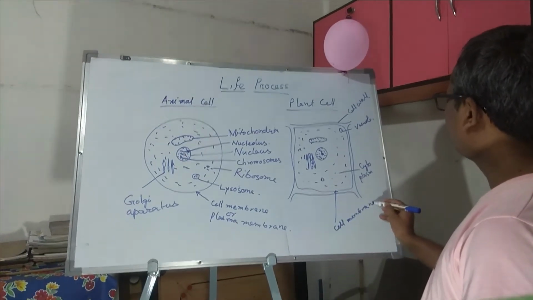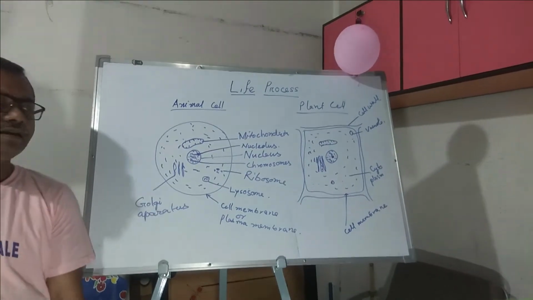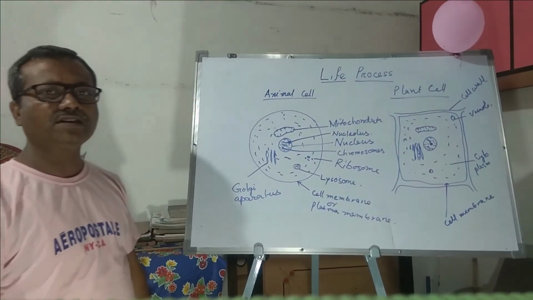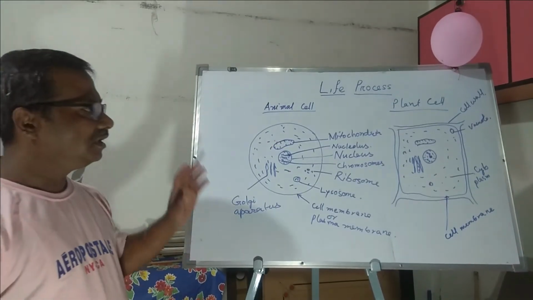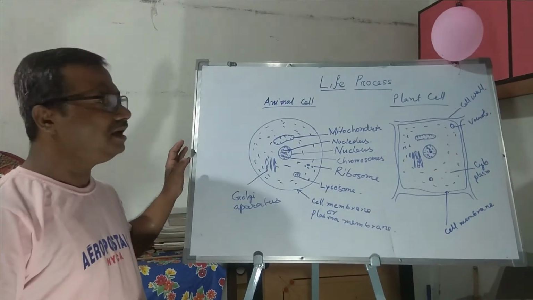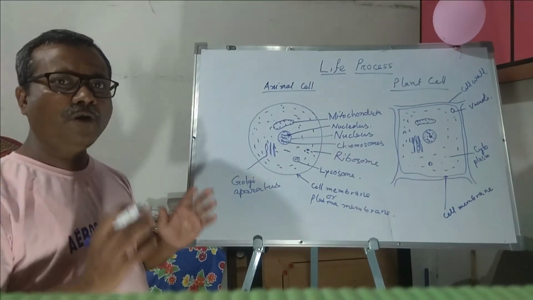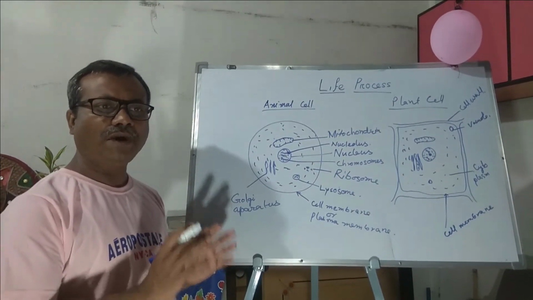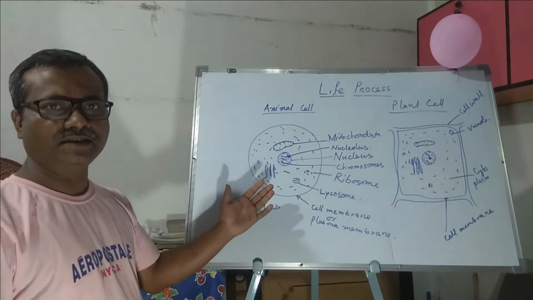So, what is a cell? Cell is the structural and functional unit of life. Remember, cell is the structural and functional unit of life. Whatever the living things perform, everything is performed by the cell.